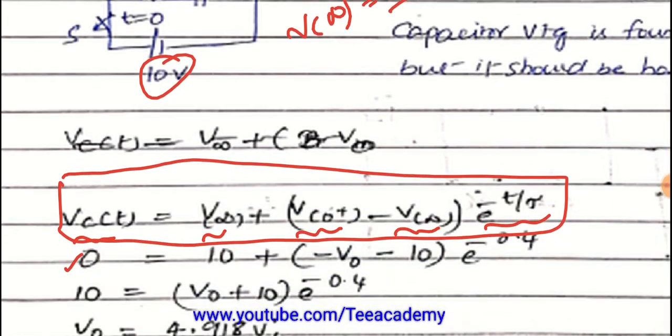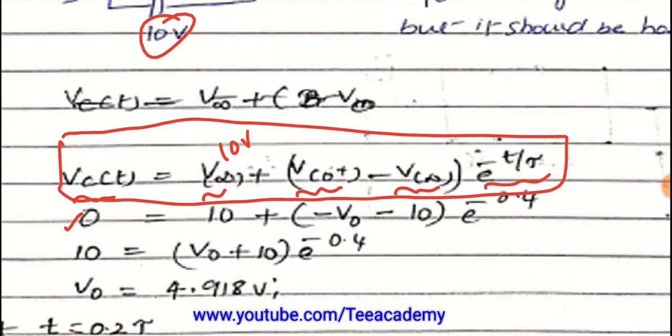Then Vc of 0 plus minus Vc of infinity. Now Vc of 0 plus is assumed as a negative value, so it is minus V naught, minus V of infinity means minus 10, and e power minus t by tau. Here t is equal to 0.4 tau, so t by tau is equal to 0.4.